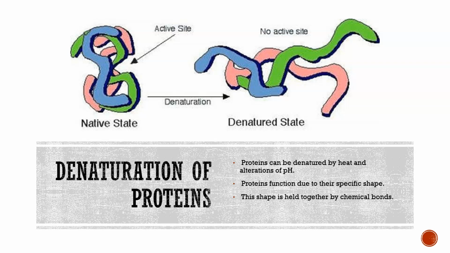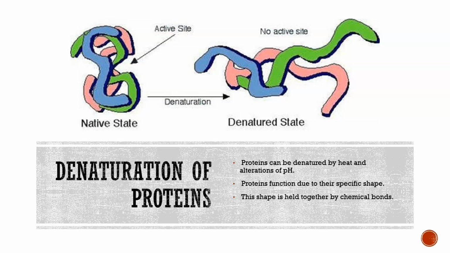On the left, you've got your protein in its native state, quaternary structure. We've got 3 different proteins there, a pink one, a green one, and a blue one. If you look on the right-hand side, it's been denatured. The quaternary and the tertiary structures have been broken down.